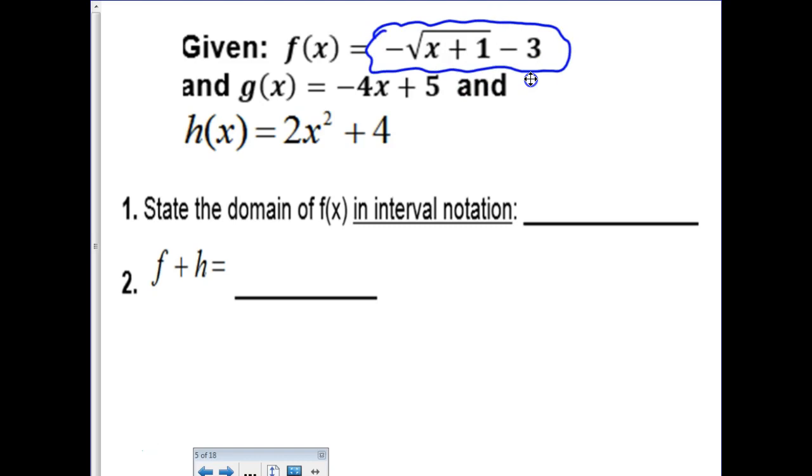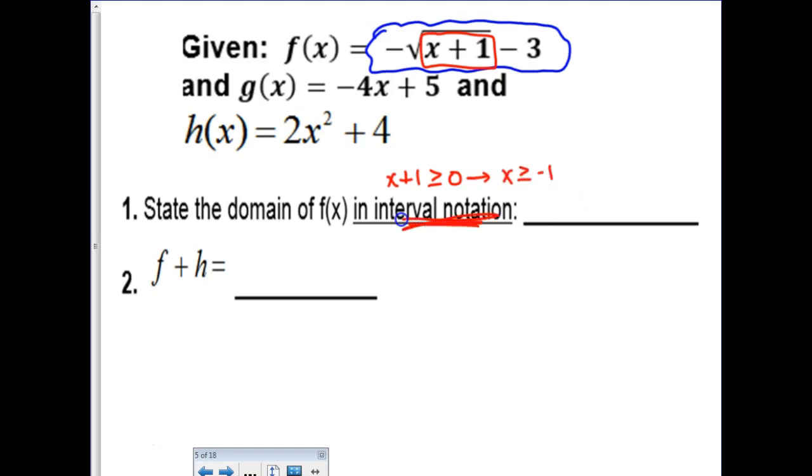And then you also have an even radical to watch out for. We do have an even radical this time. So whatever is inside your radical, since we don't work with i's in this chapter, it has to be greater than or equal to 0. So x plus 1 must be greater than or equal to 0. And if you solved that, you'd get x is greater than or equal to -1.